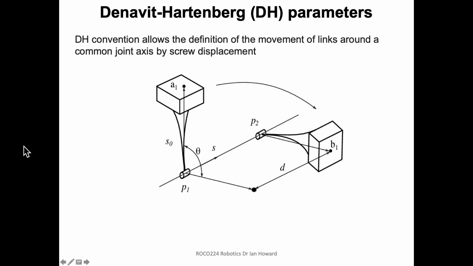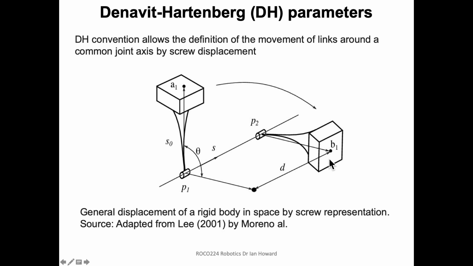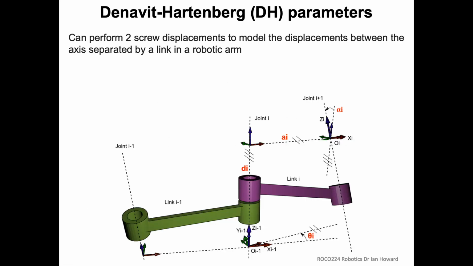That's why it's like a screw. Actually, you turn a nut on a threaded piece of metal, and it rotates round and also moves in a linear sense. So that's the idea. You can break this up in terms of a rotation and also a displacement. So let's have a look at how we can represent this with two screw displacements.